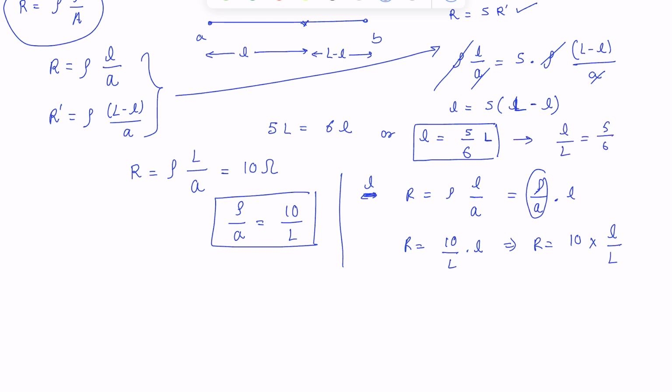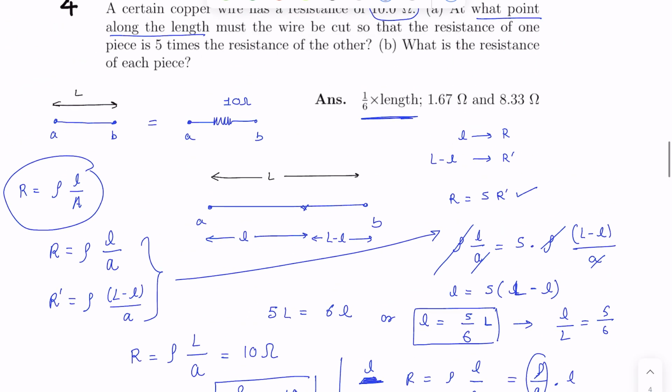This implies the resistance for this piece is 10 times 5 over 6, which is 25 over 3, about 8.3 ohms. And that's what we have here.